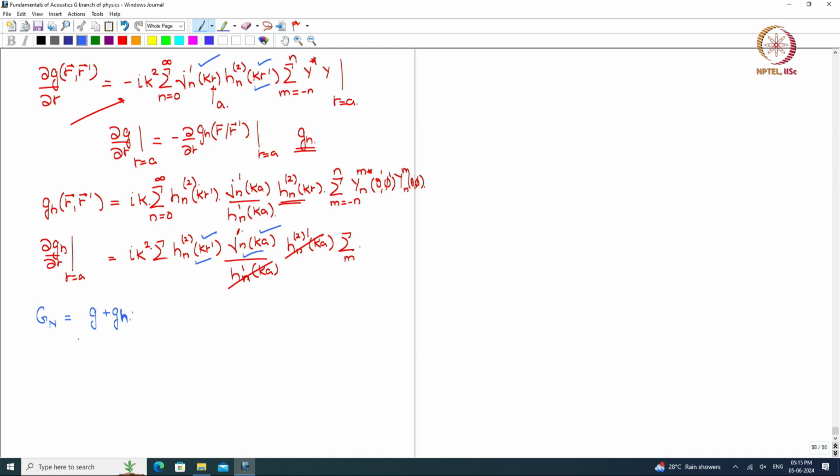So that my phi of r dash is going to be the integral over the spherical surface of g n of r dash, evaluated at r equal to a, and d s at r equal to a is a square sin theta d theta d phi.